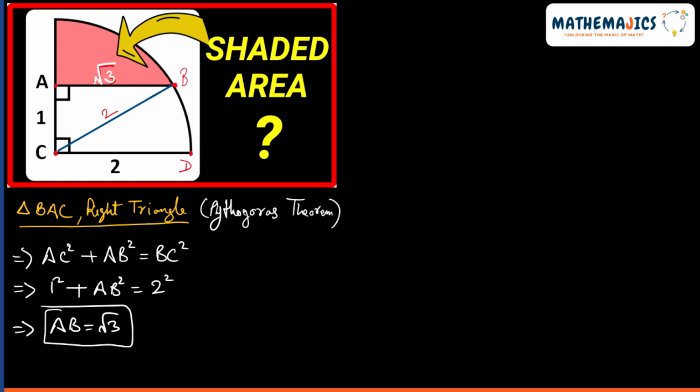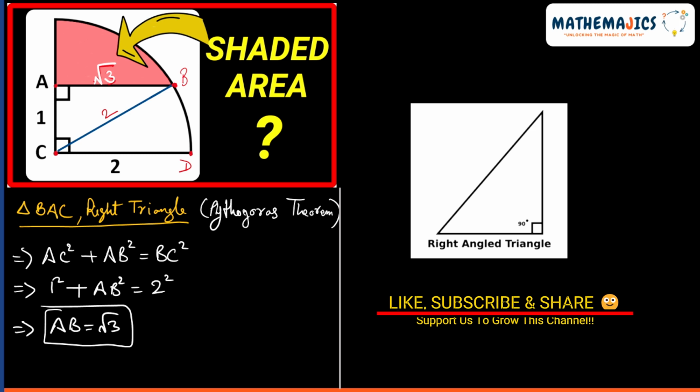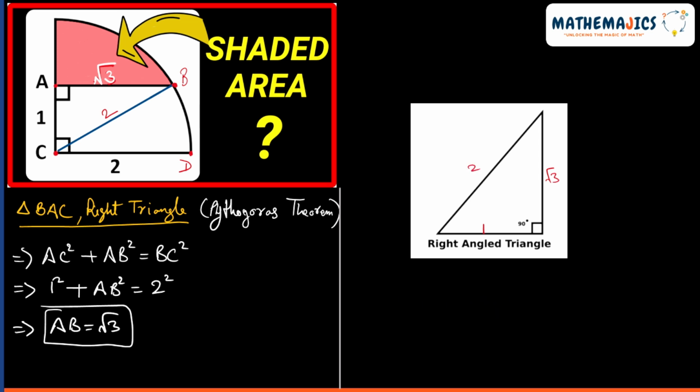Okay. Now, after finding AB, let's learn something unique about a right triangle. In a right triangle, whenever the ratio of sides is 1, root 3 and 2, please mind, I am talking about the ratio of sides. That means it will work for other sides as well. But the ratio should remain 1, root 3 and 2.